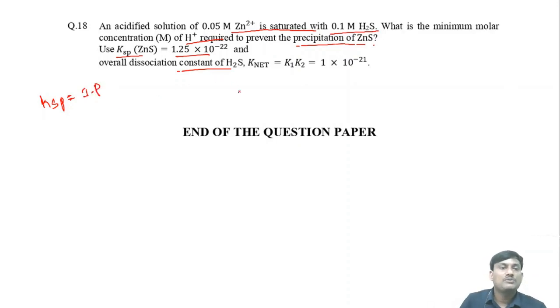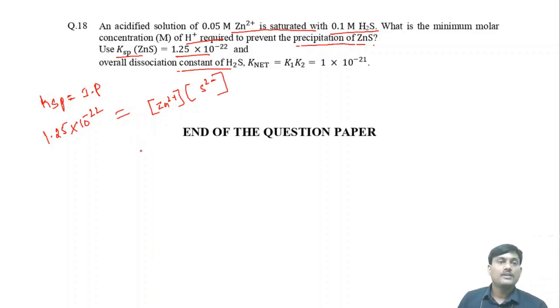What is the Ksp value? Here 1.25 into 10 to the power of minus 22 is equal to the ionic product. The ionic product is the concentration of Zn2 plus and the concentration of S2 minus.